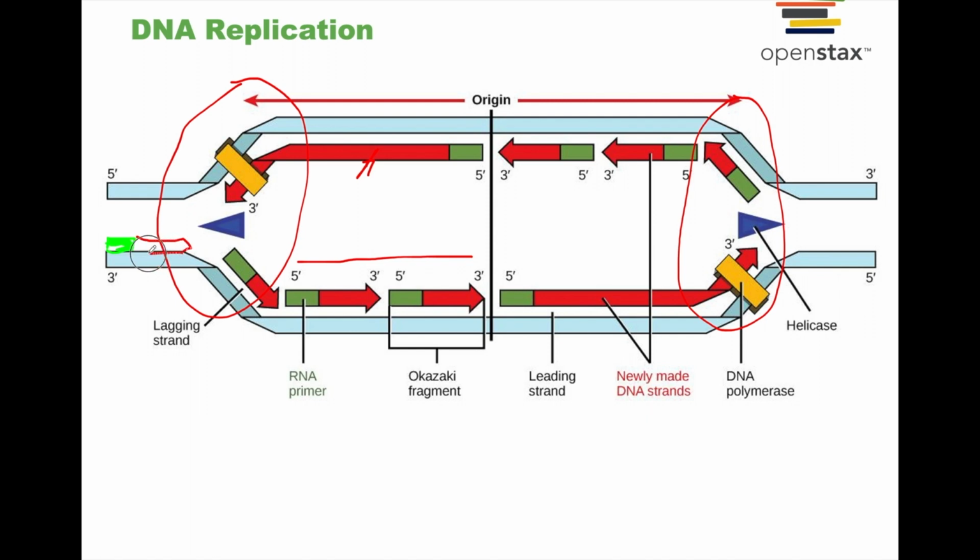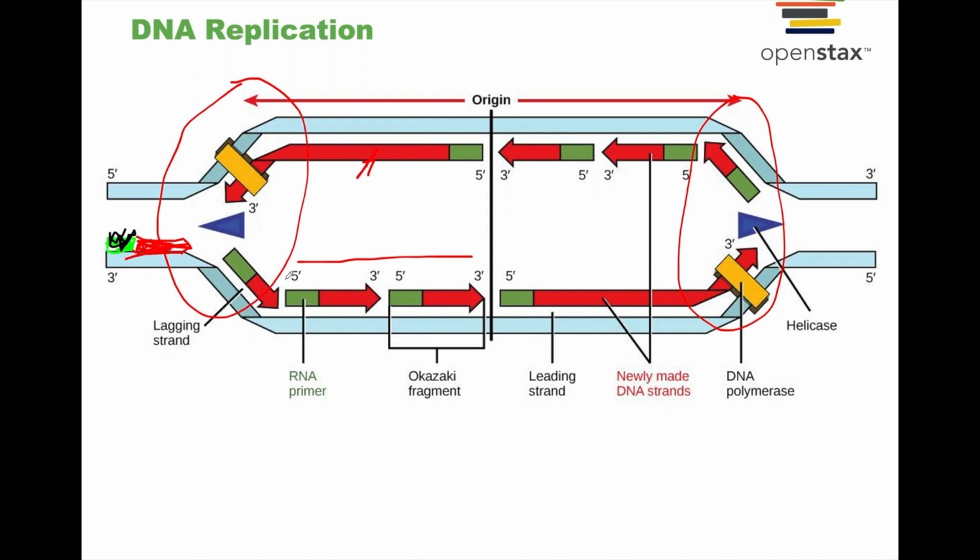And mine doesn't look as pretty as the ones you have here, okay? And we said that the cell is going to remove the RNA primers. So it's going to chop this off, right?